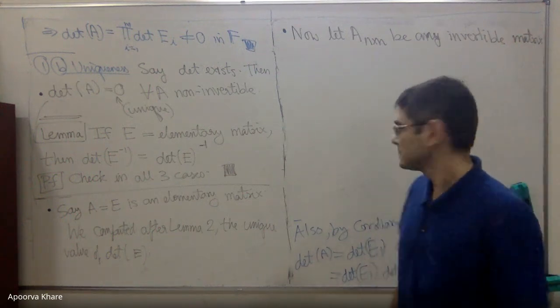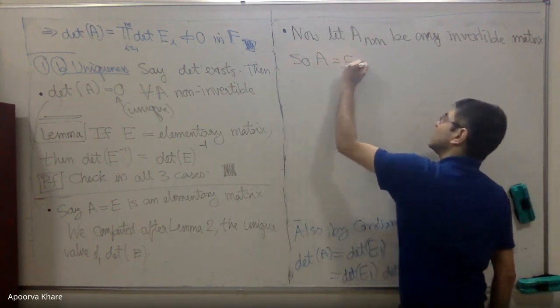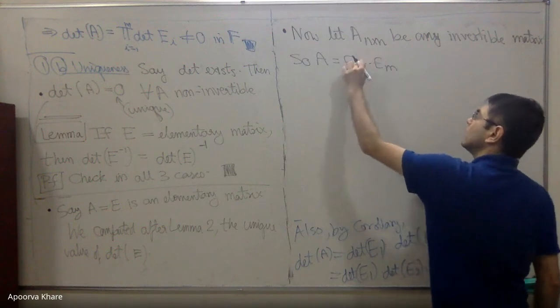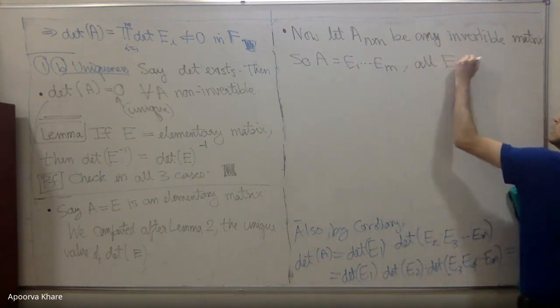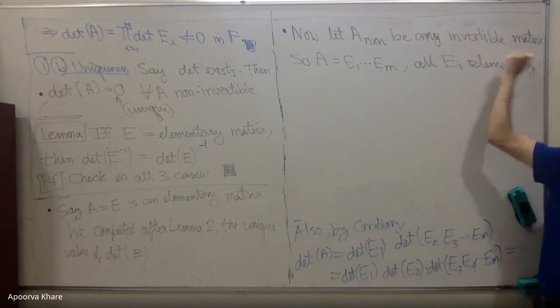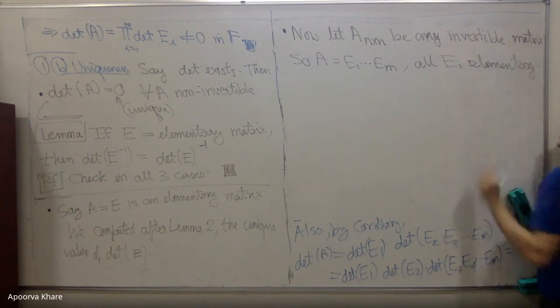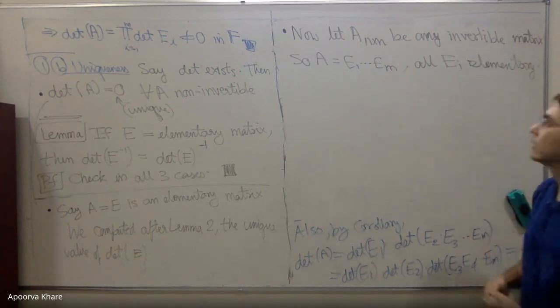Okay, and write A equals E1 through EM, where all the EI are elementary. Great. Then the determinant equals the product.